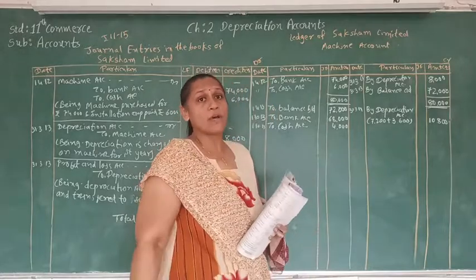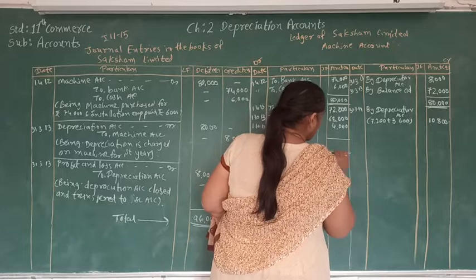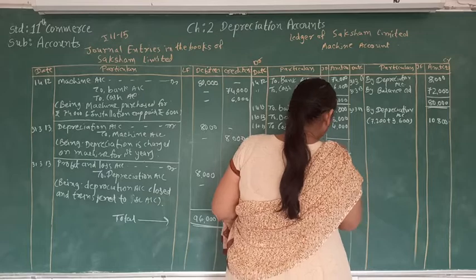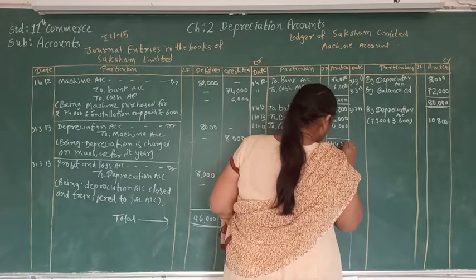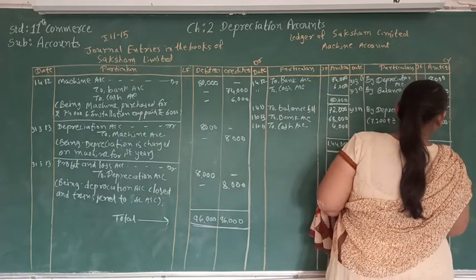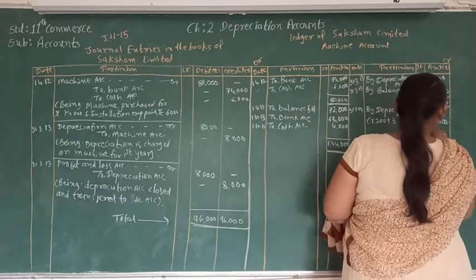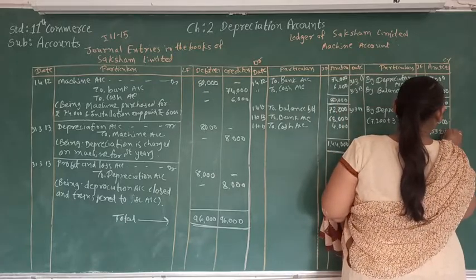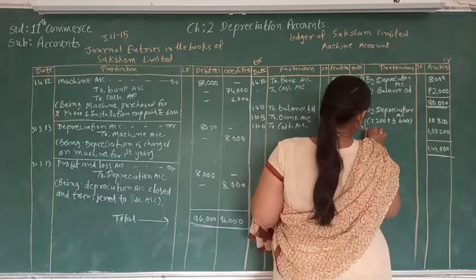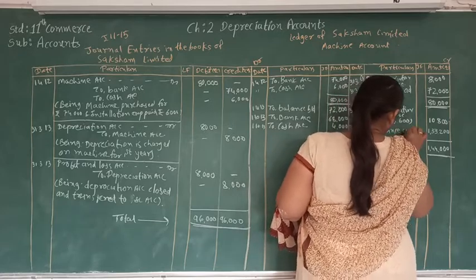Now we have to find out the balance of the machine account at the end of the second year. For that, 72,000, 68,000 and 4,000, that will be 1,44,000. From this 1,44,000, if we deduct 10,800, the balance will be 1,33,200. Here on 31/3/14 by balance carried down.